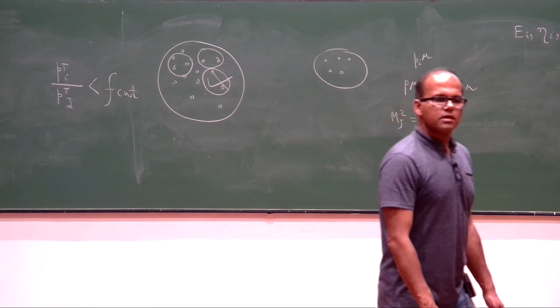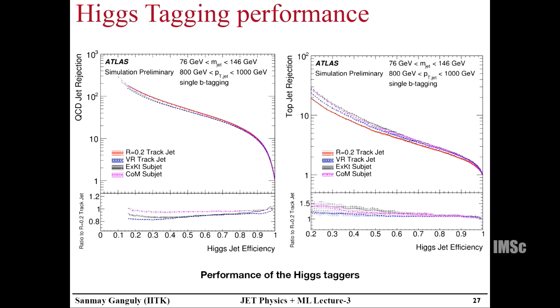On the last plot that you showed for the Higgs tagger, why is a single B being tagged here? There is single B tagging written in the legend of the plot. Ideally there should be two B jets inside a boosted Higgs.